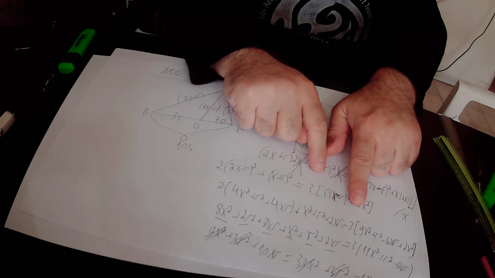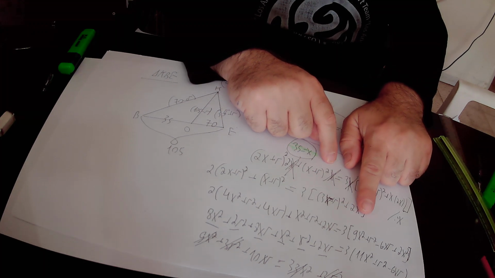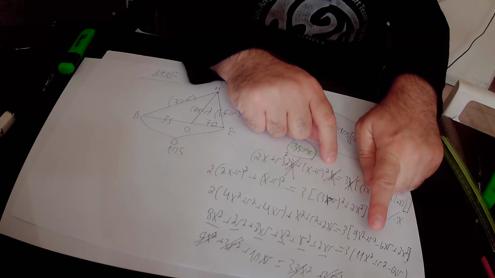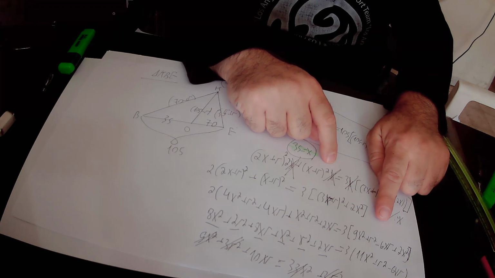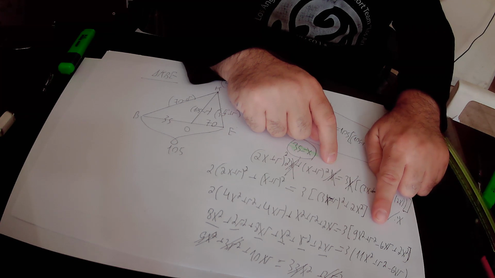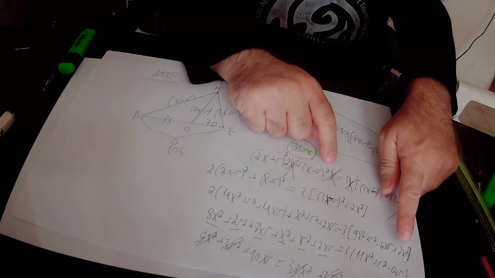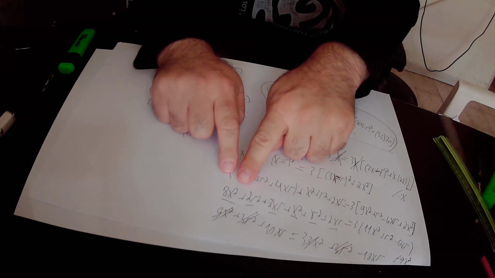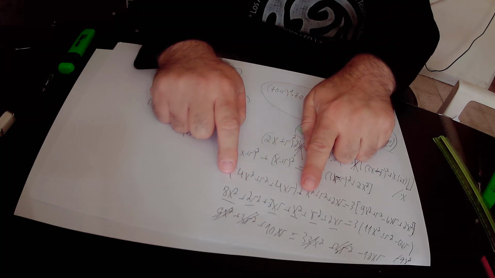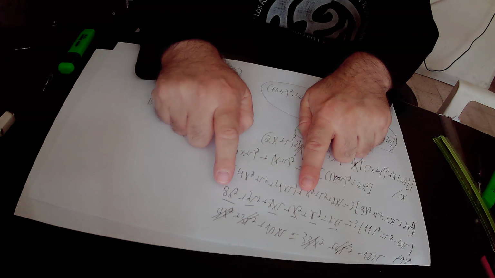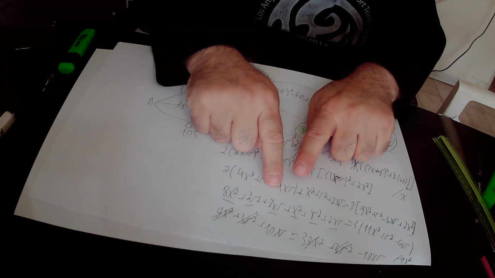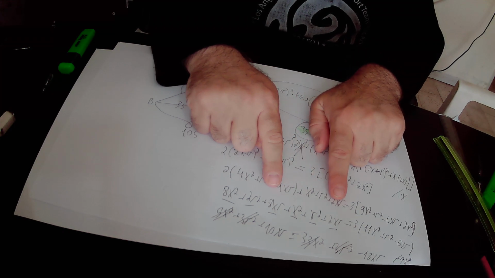It is equal to, inside the brackets we have 2x squared plus 9x squared, which is 11x squared, and we have also plus R squared minus 6xR. So here we have 8x squared plus x squared, which is 9x squared, and 2R squared plus R squared is 3R squared, and here we have 8xR plus 2xR, which is 10xR.